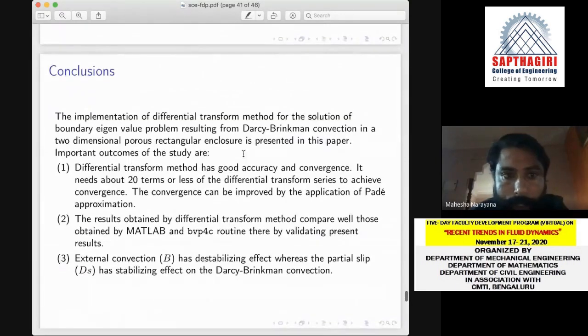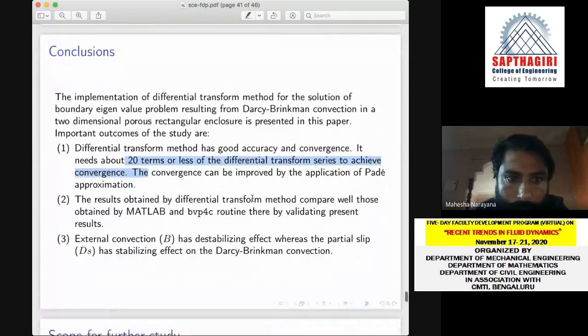And I'm going to conclude today's talk by mentioning salient features of differential transform method. As you have all seen, it has good accuracy and convergence, with less than 20 terms needed for the convergence.